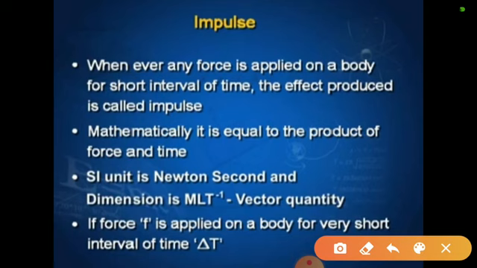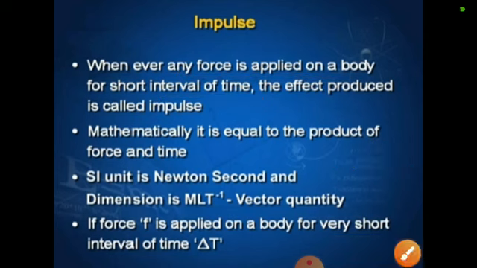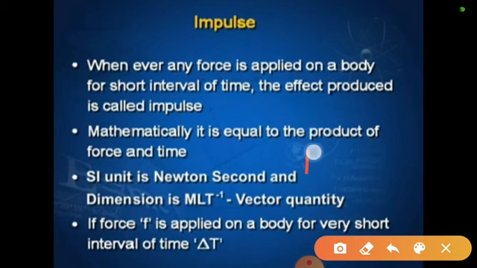Now what is impulse? When force is applied on the body for a short interval of time, the last point you have studied that F is inversely proportional to delta T. Okay students, and then you take F into dt, the force applied for a small interval of time.